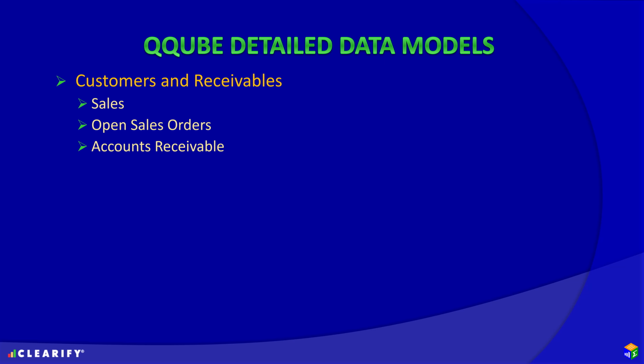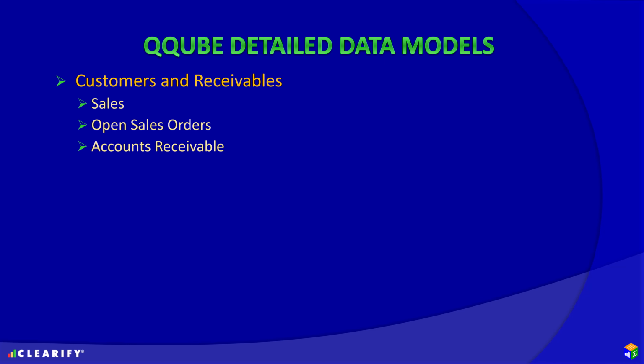Here are the Cube detailed data models. First, we have sales, which contains everything related to customers, items, profit, and general ledger detail. So you can see buying patterns, trends, and calculate sophisticated commission structures. Sales orders is also a separate submodel and can be a standalone or is also included in the sales detail data model.